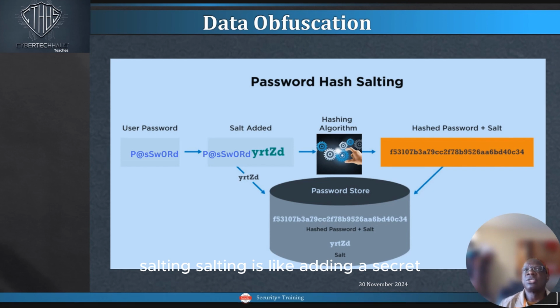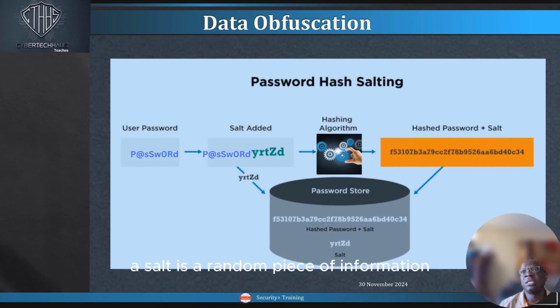Salting. Salting is like adding a secret ingredient to your hashed data. Let's say two people have the same password. Without any extra steps, their hashes would look identical, which isn't a very secure way of keeping passwords.